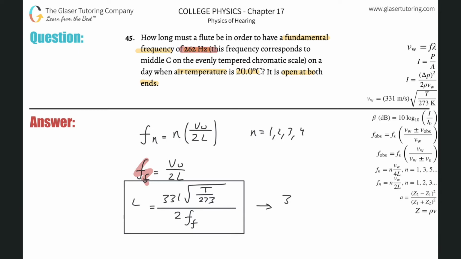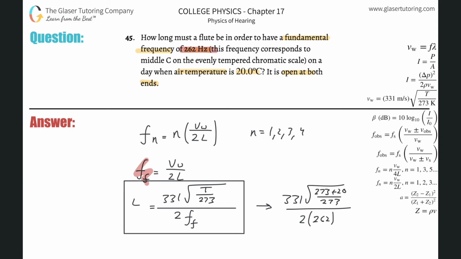So 331 times the square root of the Kelvin temperature, which is 273 plus the 20 degrees, divided by 273. You can also memorize this common value, but it's probably better to know it from the formula. This is divided by 2 multiplied by that fundamental frequency of 262 hertz.